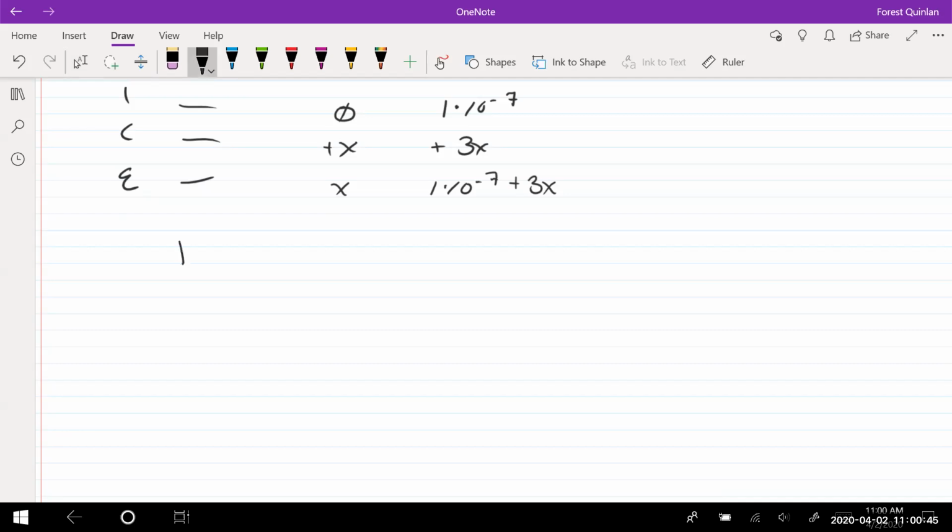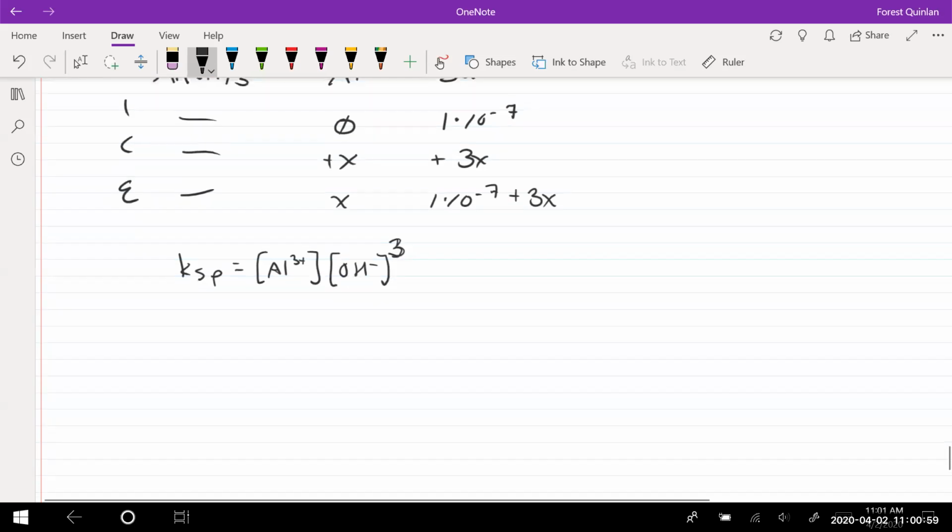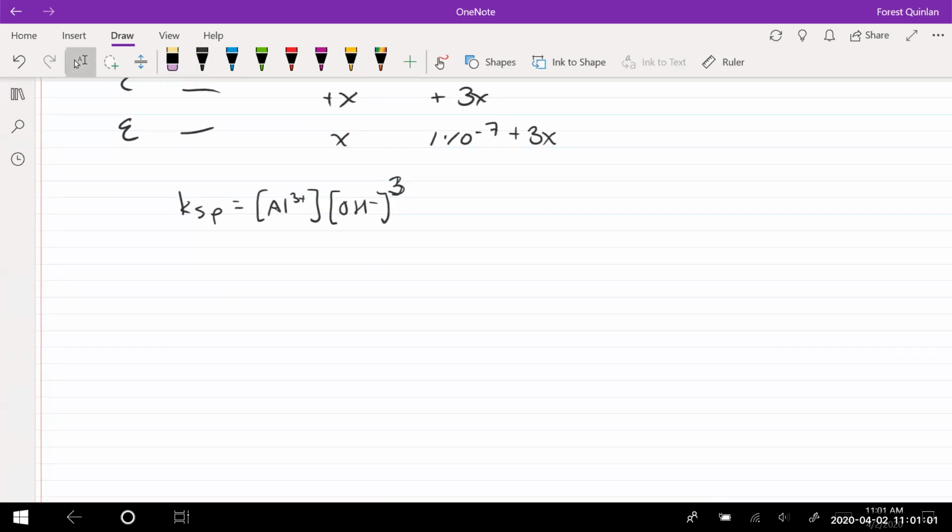All right. Remember the Ksp is equal to the concentration of aluminum 3+ times the concentration of OH- cubed, right? Because we have 3 of them. So this is now x times (1 times 10 to the minus 7 plus 3x) cubed.